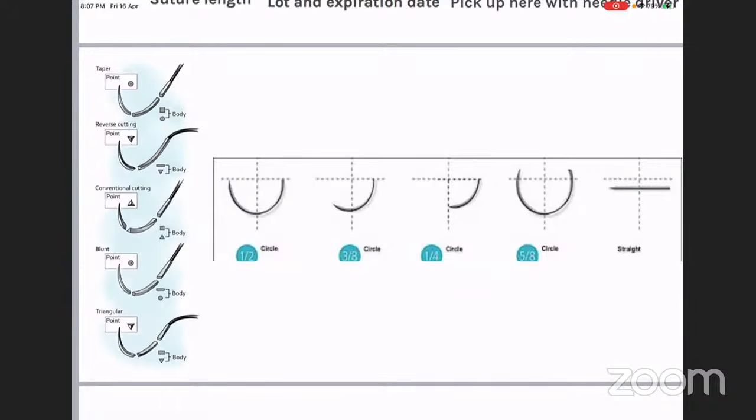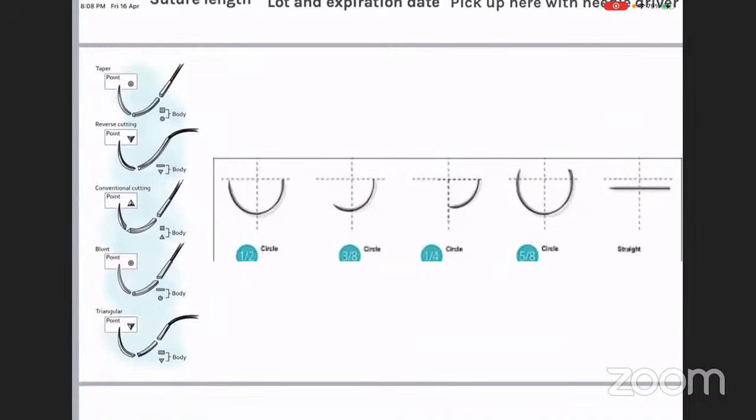Then based on the tip of the needle, you can have something known as a taper tip. The tip tapers off, so it will have a rounded body which will eventually become a pinpoint. Then you have something known as a reverse cutting needle. If you do a cross section of the needle, you have a triangle, and the apex, or the sharp part of the triangle, comes on the convex side of the needle.